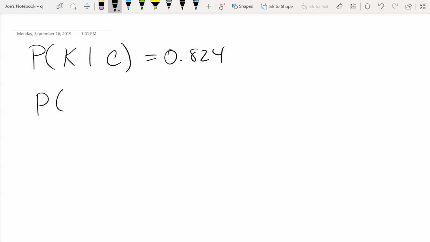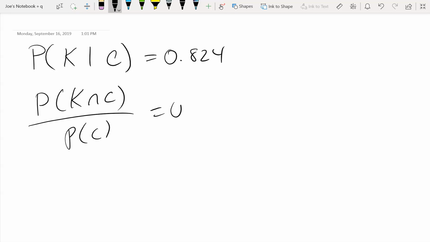Probably K intersect C over the probability of C. Okay. All right, so at this point I need to start getting some other information out of the problem to help me figure out how to get stuff on this left-hand side, because we need to figure out what the n is, right?